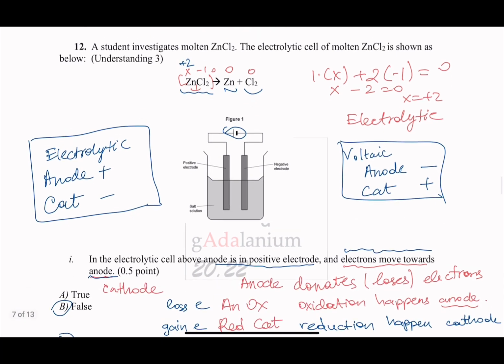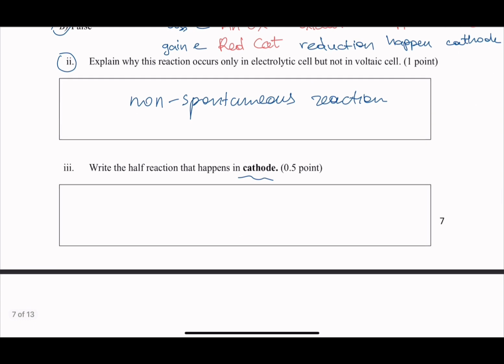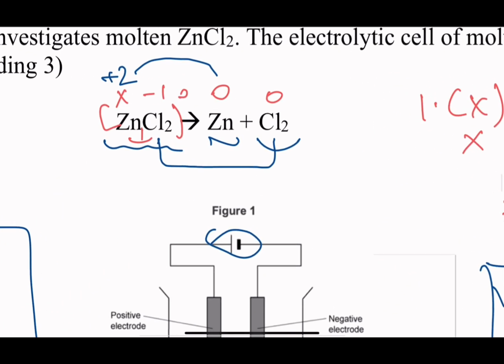So what happened to zinc? Zinc went from plus 2 to 0, and chlorine went from -1 to 0. We're looking for a change, and we see them. So let's write element by element to write the half reaction. But before we move, now we're looking for the cathode, right?